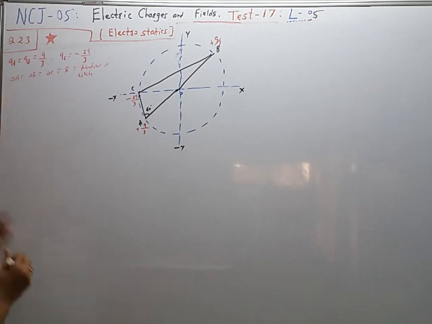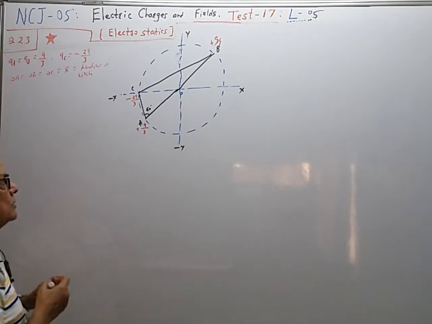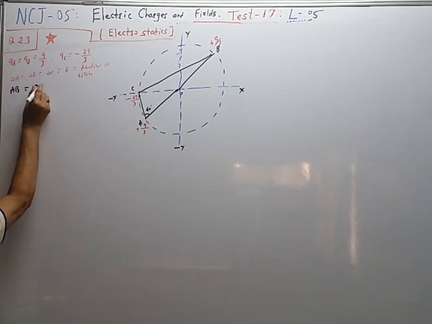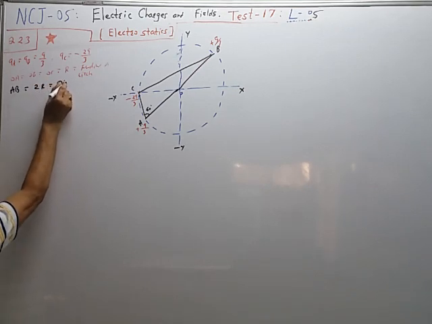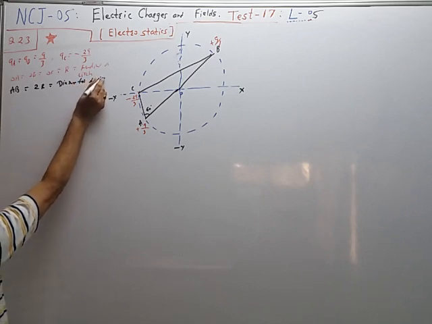Now the geometry is like this. We will require this geometry. AB is equal to 2 times R is equal to diameter of the circle.